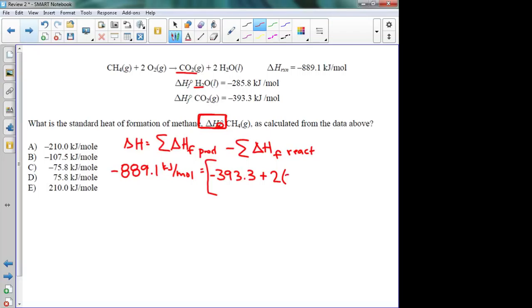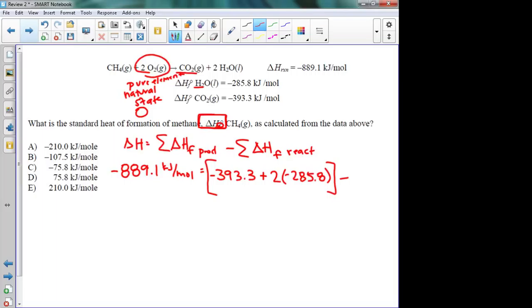Multiply it by 2, because there's 2 of them. Minus, why did they not give me a delta H for oxygen? It's a pure element. It's not bonded to anything besides itself, and it's also in its natural state. Is oxygen naturally a gas? Yes. So its delta H of formation is 0, so we don't worry about it.